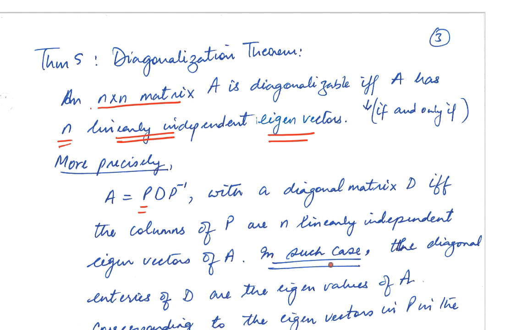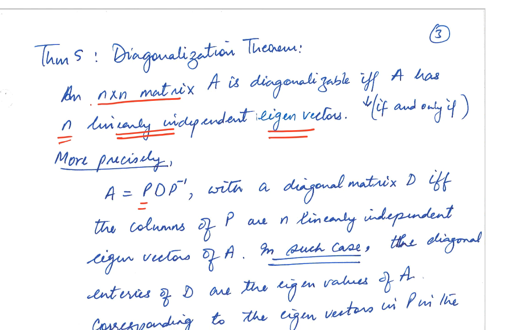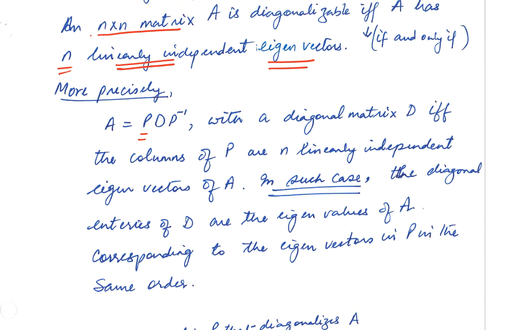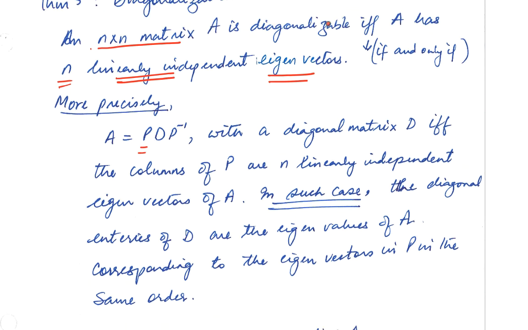The diagonal entries of D give the eigenvalues of A, corresponding to the eigenvectors in P in the same order. This is going to become easier for us, but remember the basic: if I say a matrix is diagonalizable, look at the size, and if it has exactly the same number of linearly independent eigenvectors, that's what we have to check.